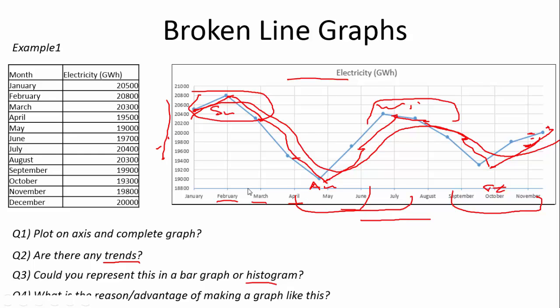Imagine you were an engineer at Eskom and you could say, right, I've looked at this graph and I can see that in summer and winter, we're going to need the most electricity. So maybe we should plan to do all our upgrades and maintenance in these months here, over here, the spring and autumn months. And that would be the best time because it's when we need the least energy. And that's exactly why we use data and make graphs.